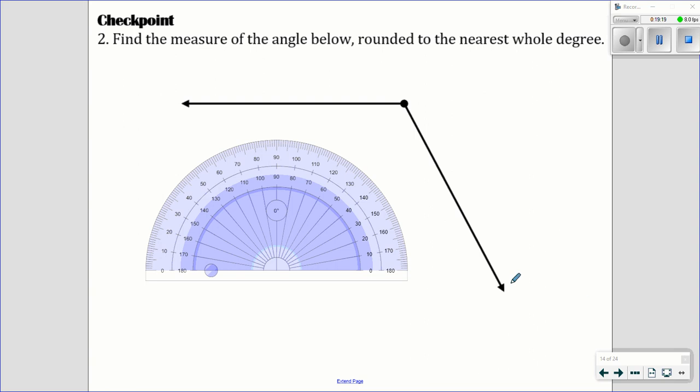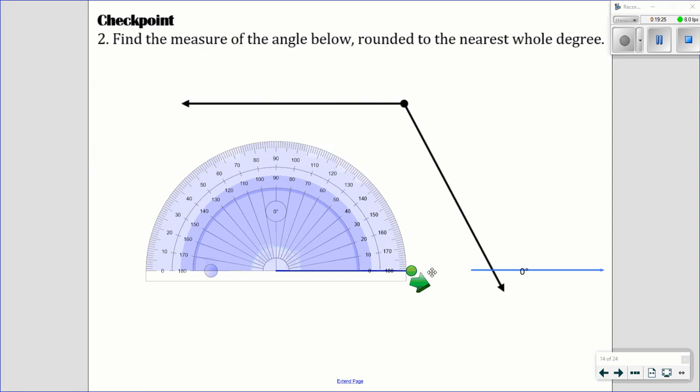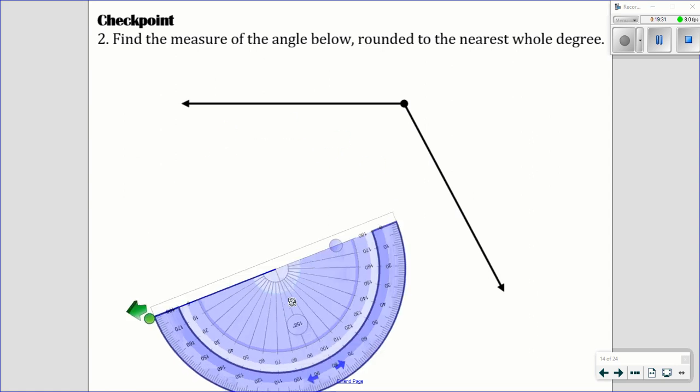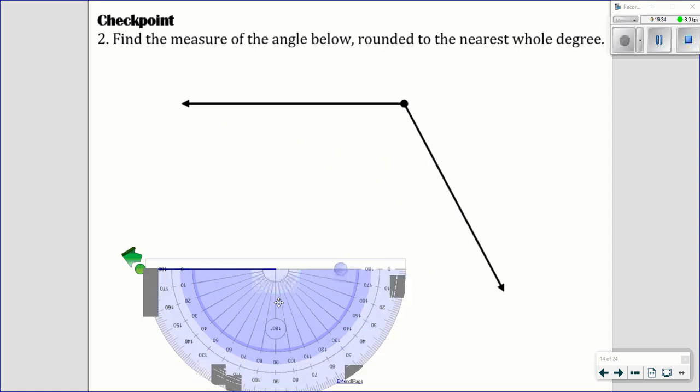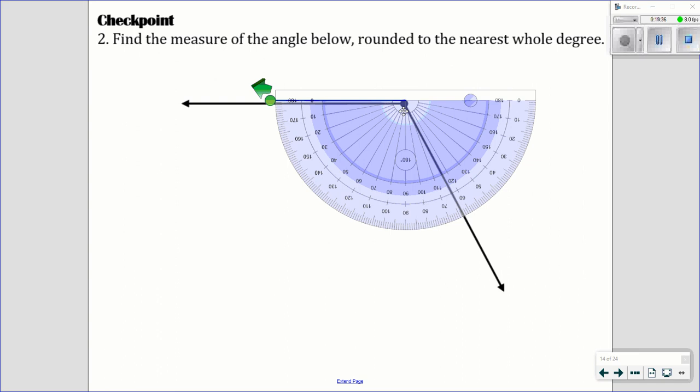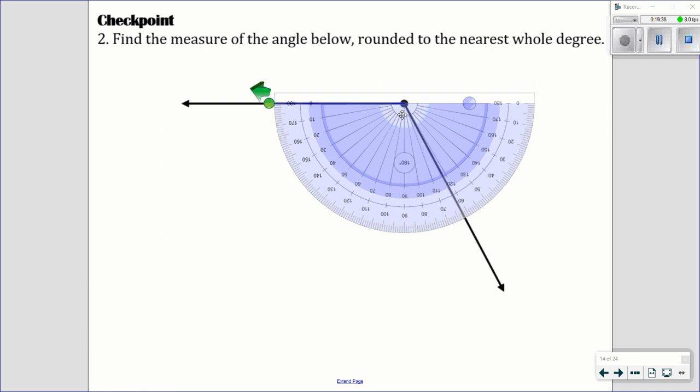Okay, the next one. Let me get this set up. So I'm going to turn this way. Make sure it's right. The middle center of it is going to be at the vertex, and I'm going to line up my ray with the bottom of the protractor.